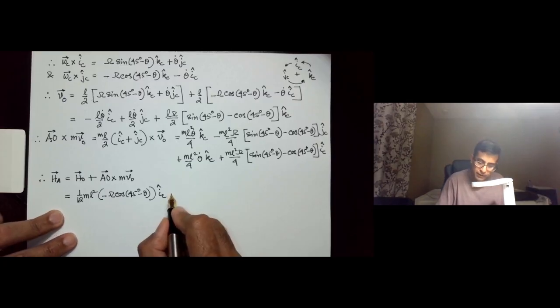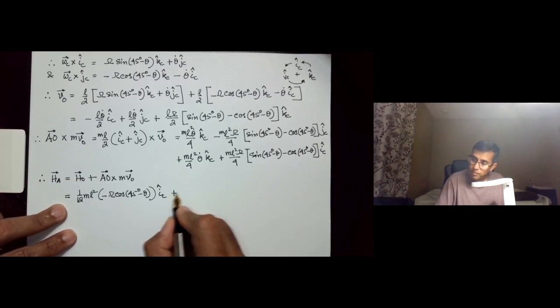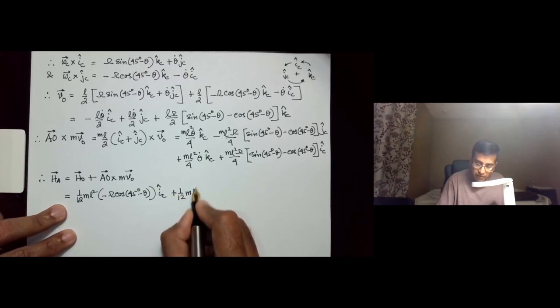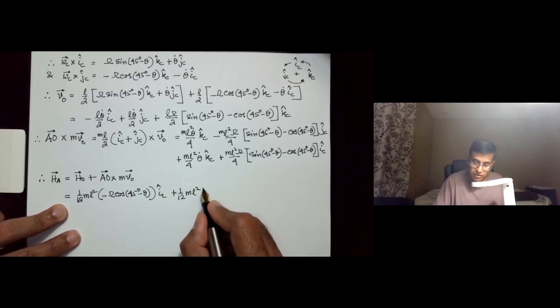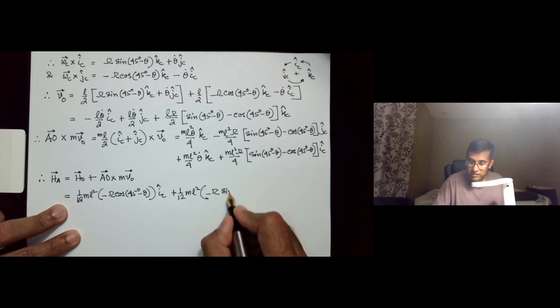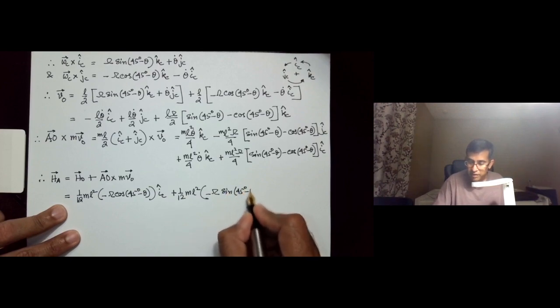Then we have plus 1/12 ml squared times the angular velocity in the J direction, which is also negative omega sine of 45 degrees minus theta.